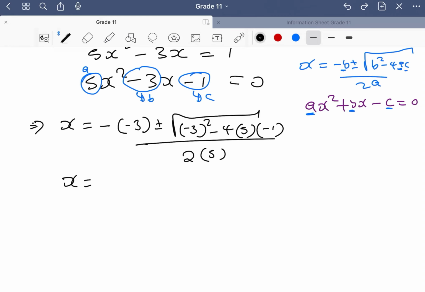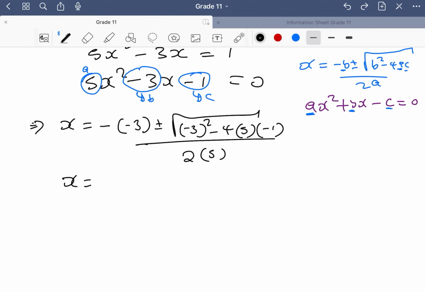You can take your calculator and punch it the way it is. Let me clear my calculator. So you have negative, negative 3, let's start with plus, square root, open bracket, negative 3, close bracket, square that, minus 4 times 5 times negative 1, over 2 times 5, and you get your answer.